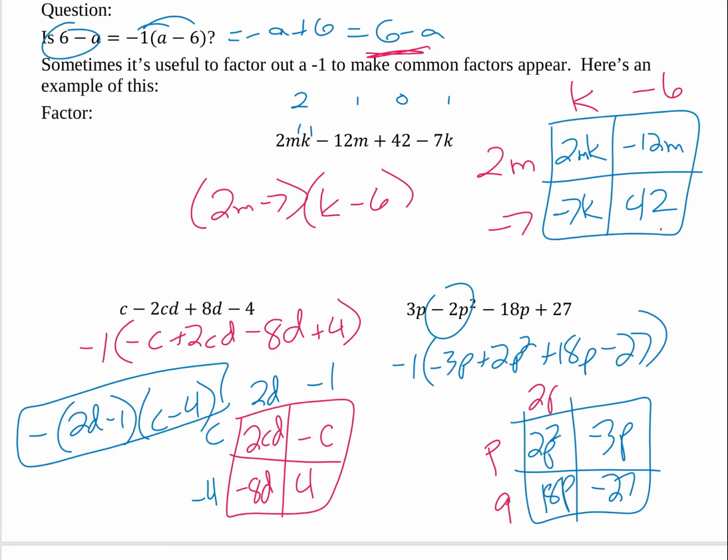And the last column, -3. So now we have our answer. It is -1 times p plus 9 times 2p minus 3. Okay with that? Okay.